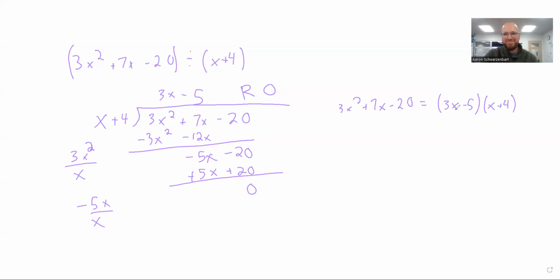Okay? So if I tried to factor this, I would get 3x minus 5 times x plus 4. If the remainder is not 0, it is not a factor. Okay? I'm going to do one here in a second where the remainder is not 0.